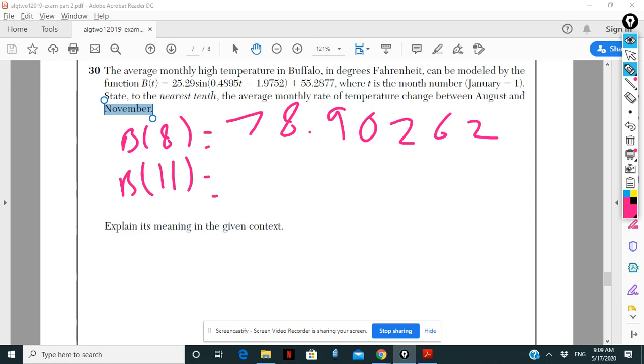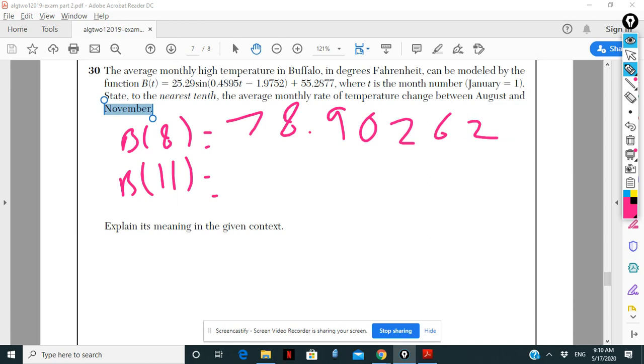I'm going to do the same now. 0.4895 times 11 giving me 5.0845 minus 1.9752 giving me 3.4093. Doing the sine, negative 0.2645 multiplying by 25.29, giving me negative 6.6897.